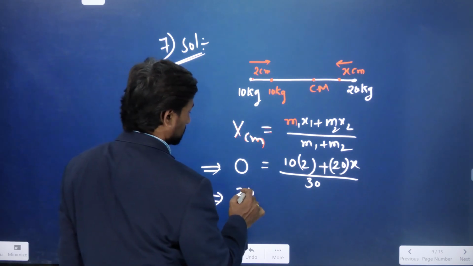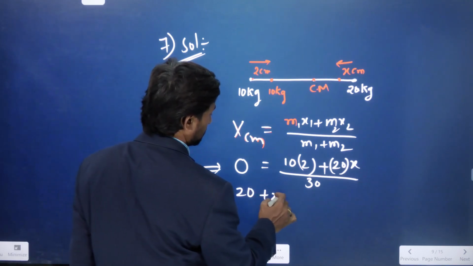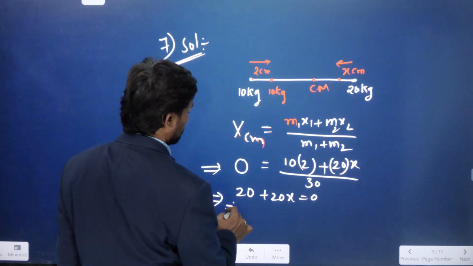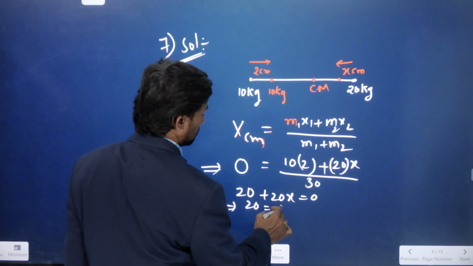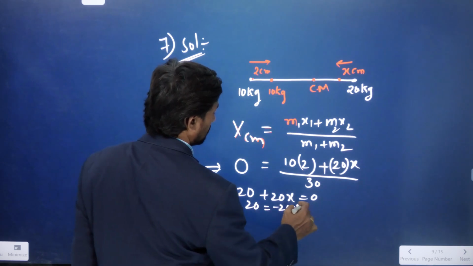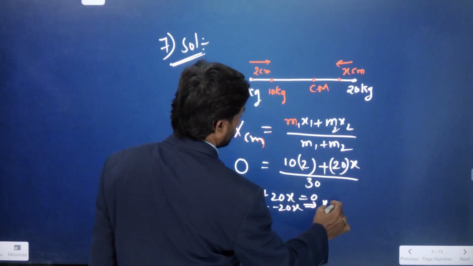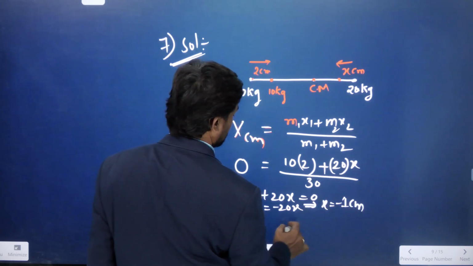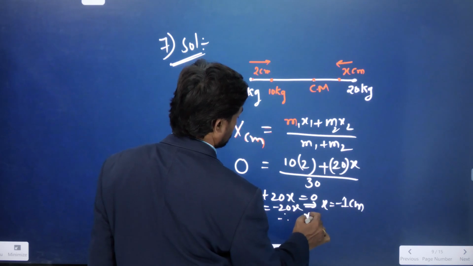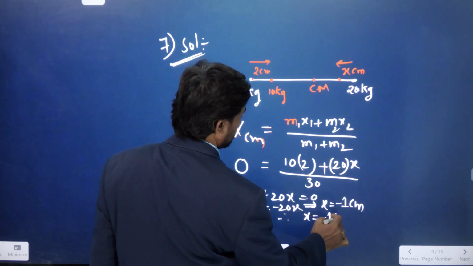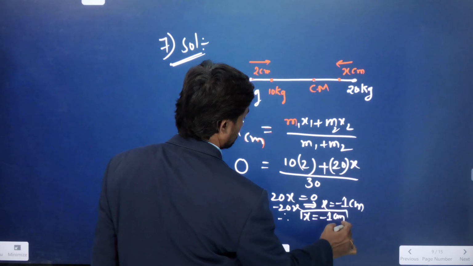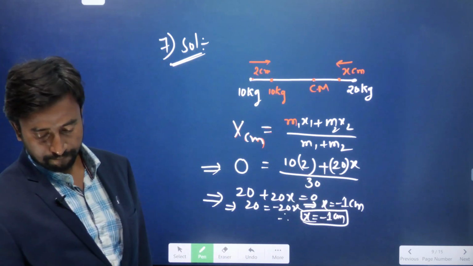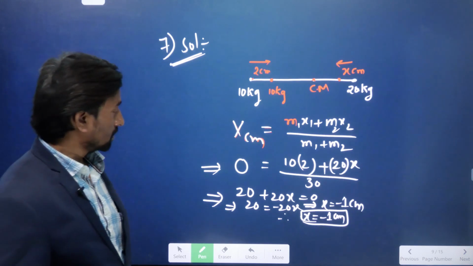Then we get 20 plus 20x equal to 0, so 20x is equal to minus 20. From here we get x equal to minus 1 centimeter.